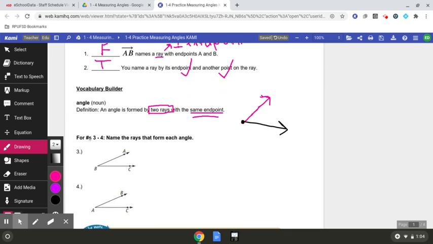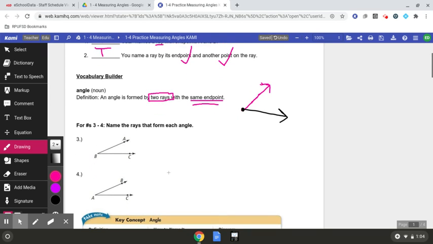For 3 and 4, we worked on this in the notes as well: name the rays that form each angle. So we want to pull apart the two rays here. The first ray starts with endpoint B and extends through point A. So the first way we can name this is BA, with a ray symbol above it.